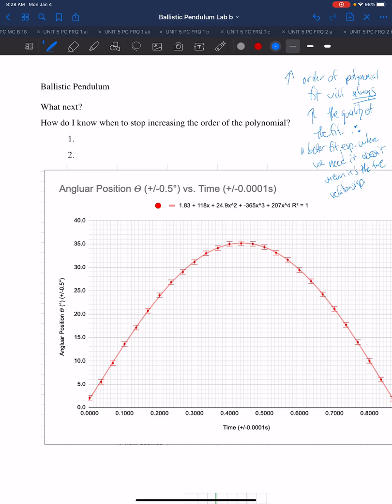So how do we know when to stop increasing the order of the polynomial? The short answer and the simple answer is when I'm able to get the answer I'm looking for.